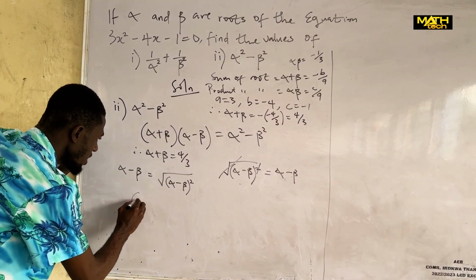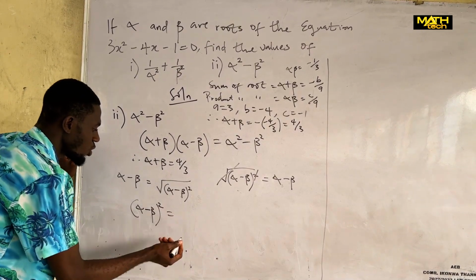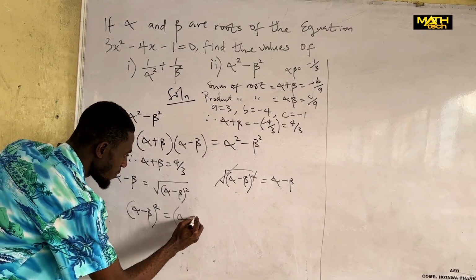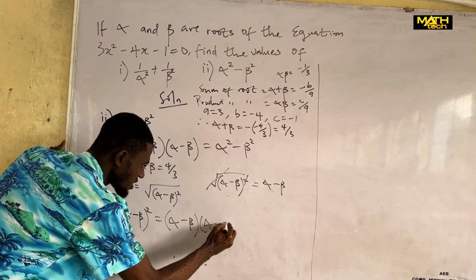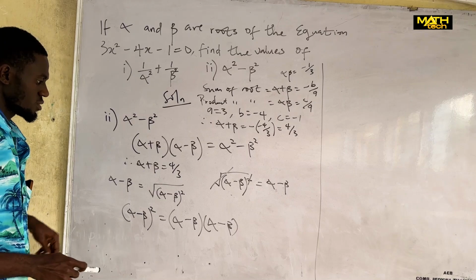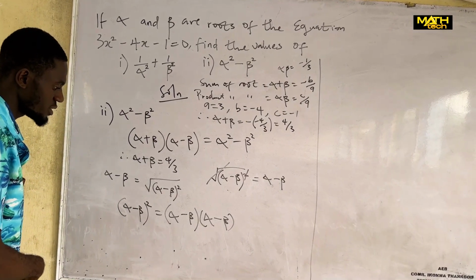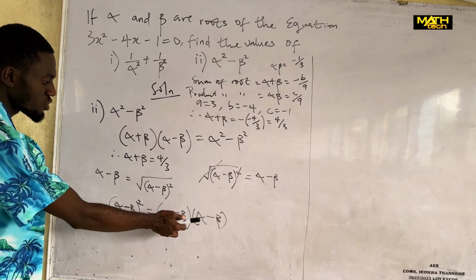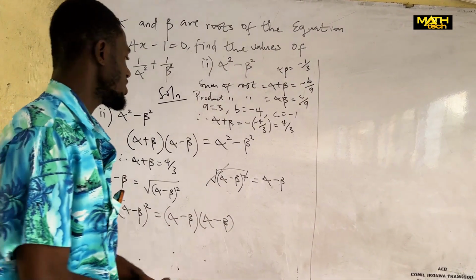So we say alpha minus beta all squared will be equal to alpha minus beta times alpha minus beta. So let's expand this here.